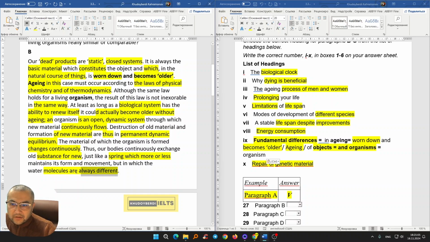And if you pay attention here, it's talking about something that water molecules can be different.